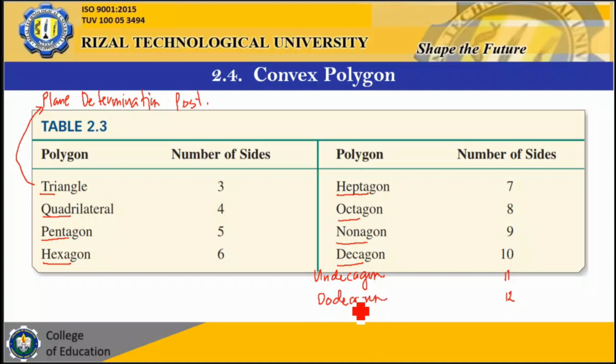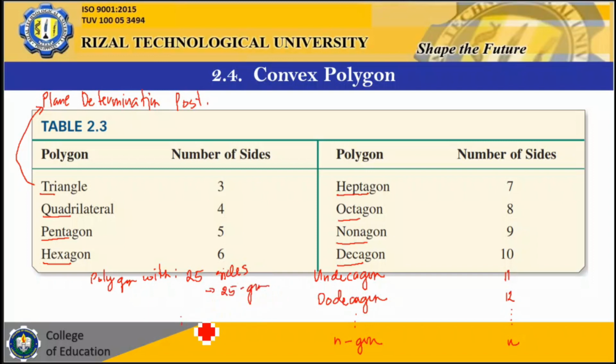And if we reach n number of sides, that is what we call an n-gon. So for example, a polygon with 25 sides is called a 25-gon.